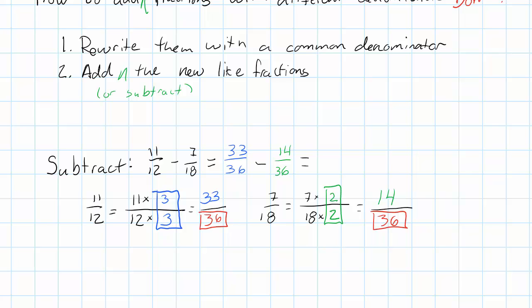Our result, the denominator will still be 36, and the numerator will be 33 minus 14, which, again, you can use the calculator for this arithmetic if you'd like, but it's 19/36.